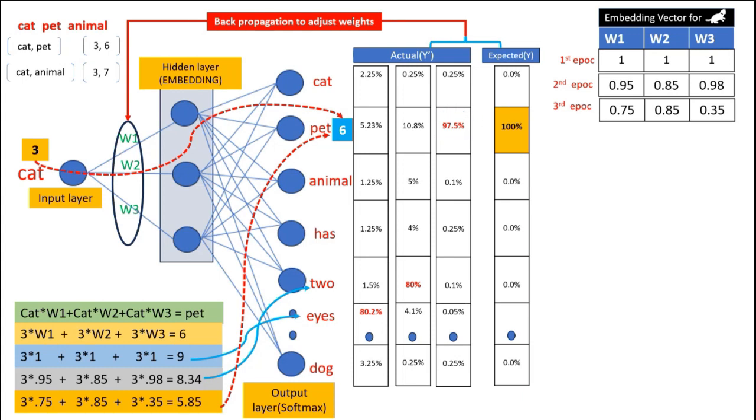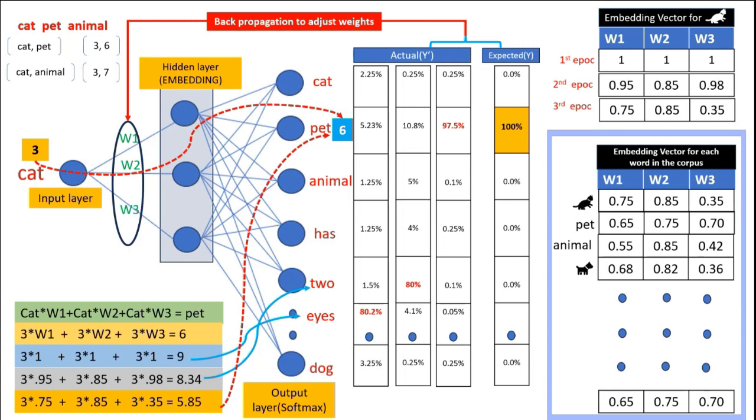Now you can imagine if this training process is continued for the whole word in the corpus, for every word, there will be these weights learned. Eventually, we will have this embedding vector for the whole word in our corpus, which is nothing but this learned embedding or the embedding vector.